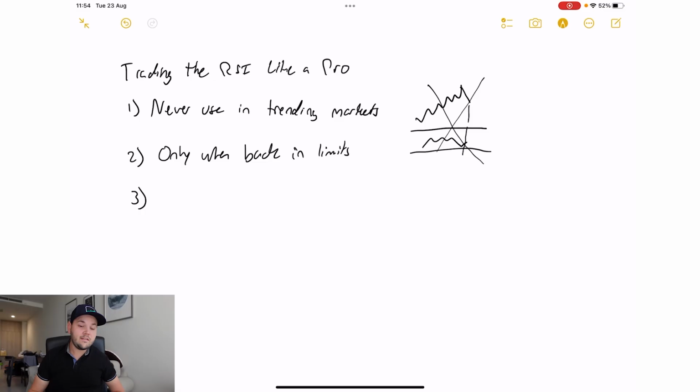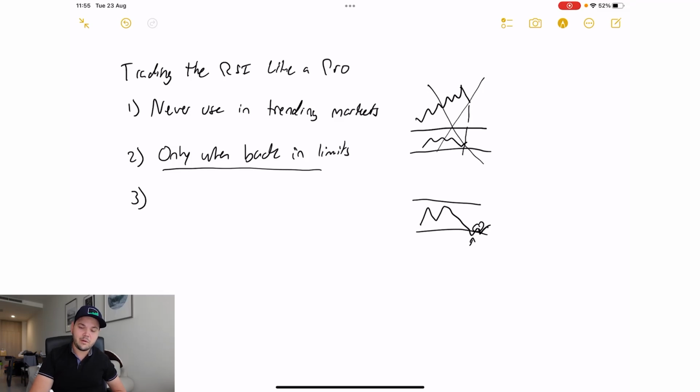Now we come to trading reversals. Well, you can trade the reversals with the RSI, just not the same way most people do it. The common knowledge is, oh, when it's oversold, just sell. When it's overbought, just buy. Wrong way to do it. What you want to do is only trade when it's back within the limits. This is the RSI, by the way, a very beautiful drawing. If the RSI is here, overbought, you don't want to buy here. You want to wait for the RSI to come back within the limit to then buy here.